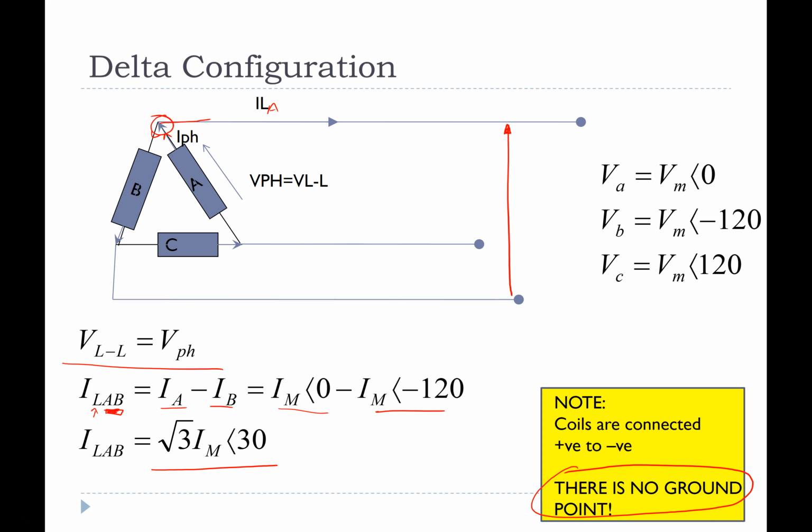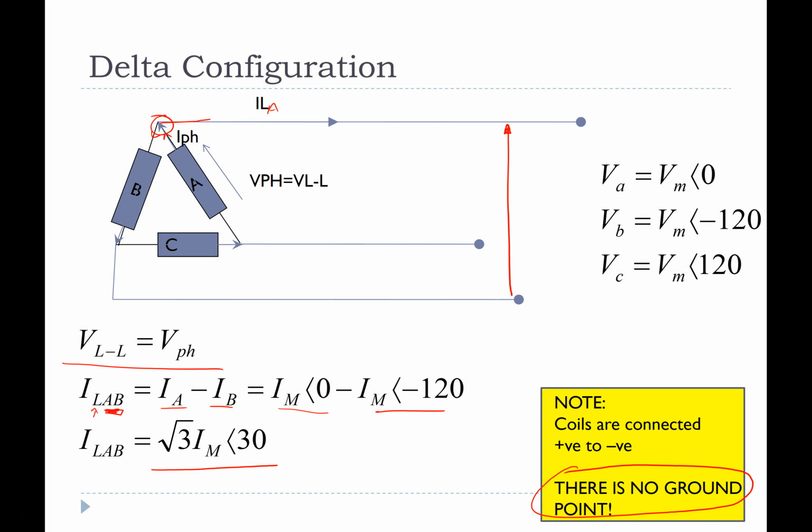If I have a Y system connected to a Y system, then I would find that the voltage across here on the source side is the same as the voltage across here on the load side, as long as the system is balanced. So VA is equal to the voltage across load A, VB the voltage across load B, VC the voltage across load C.